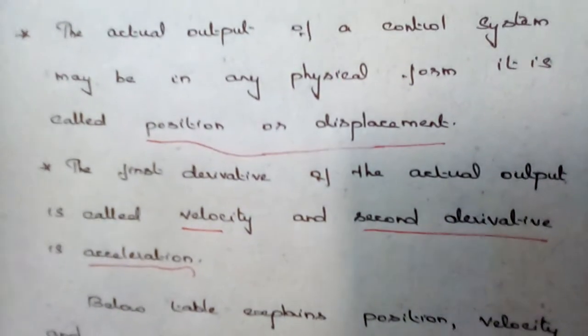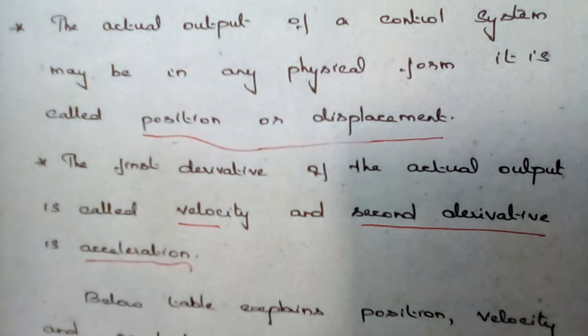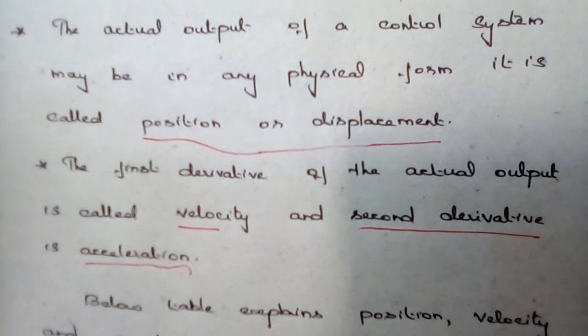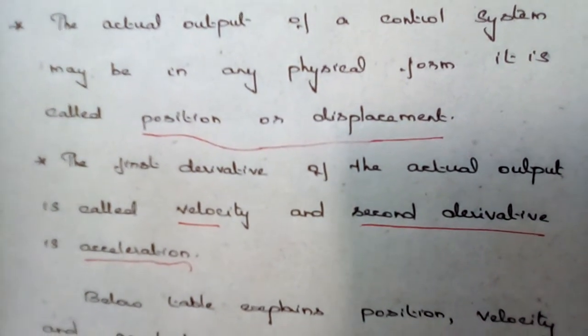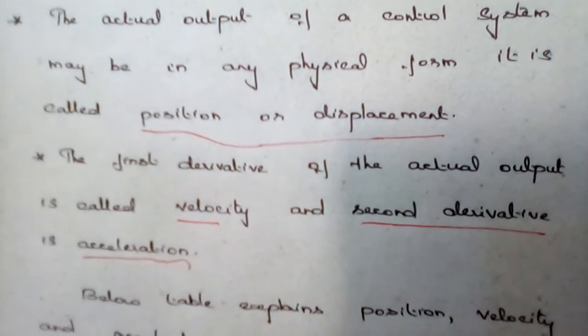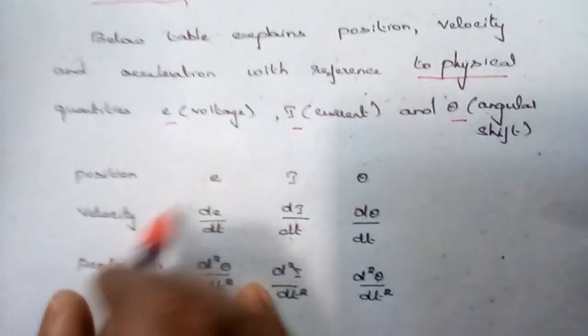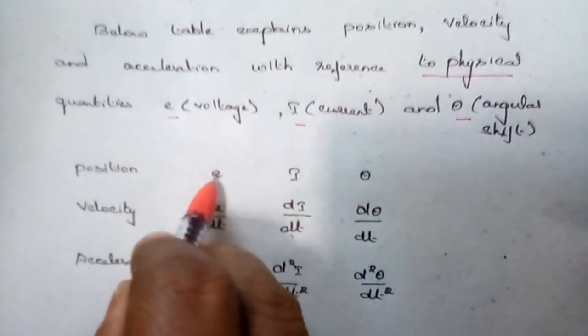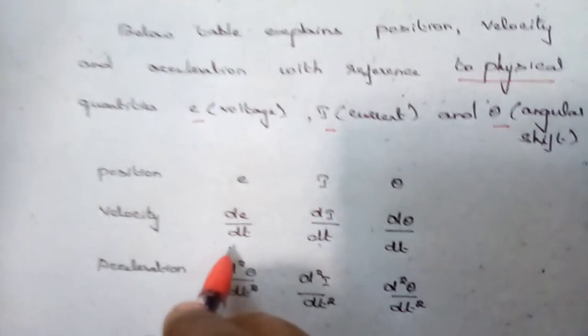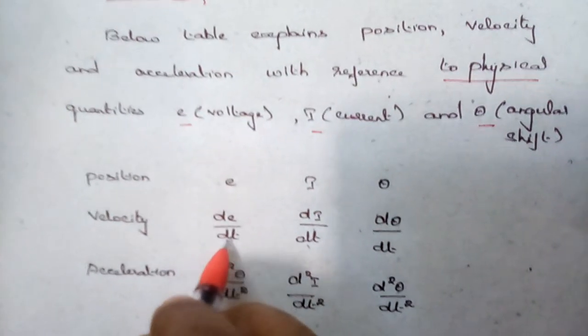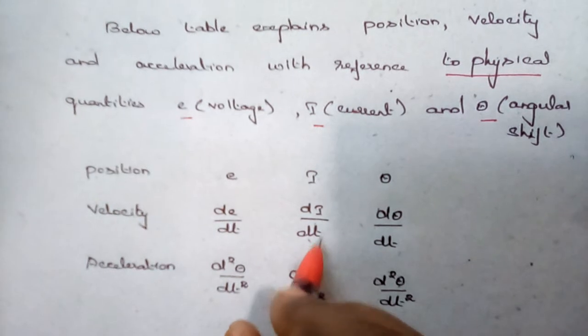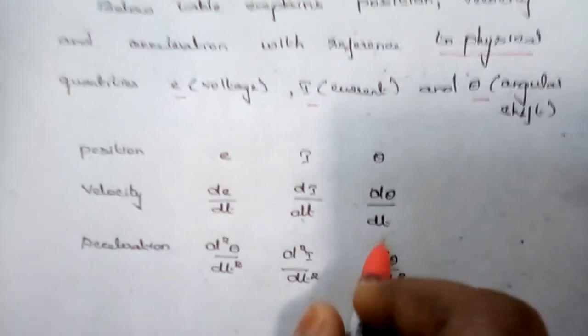With respect to the physical quantities E, I and theta, position is E, I, theta only. The first derivative is velocity, given as dE by dt, di by dt, and d theta by dt.